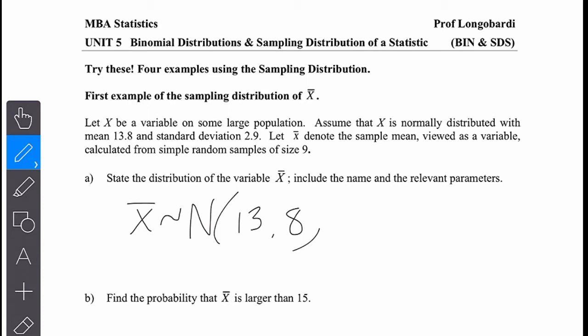The new standard deviation is 2.9 divided by the square root of n, which is 9. Allow me to give you a moment to punch that in your calculator and tell me what that is.